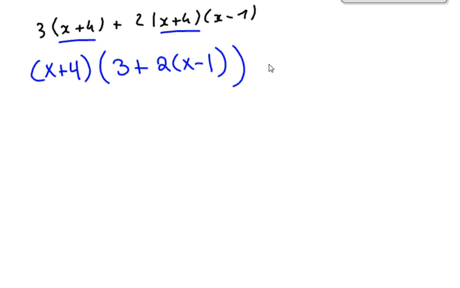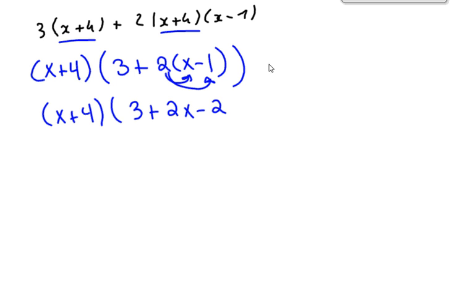And we can distribute the 2 to both of these just to simplify things a little bit. So we have x plus 4, and then 3 plus 2x minus 2. And again, we can combine our like terms in the second bracket. So x plus 4 and 2x plus 1.